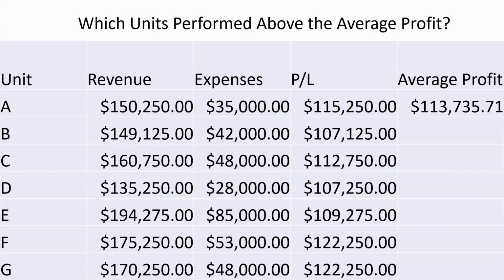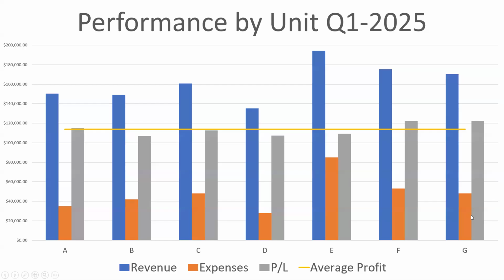Which ones performed above the average profit? So F and G did as well. Okay. And Hotel A.